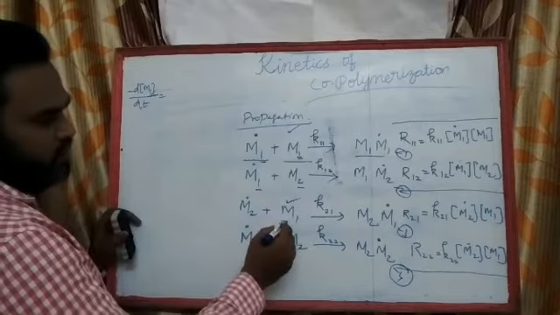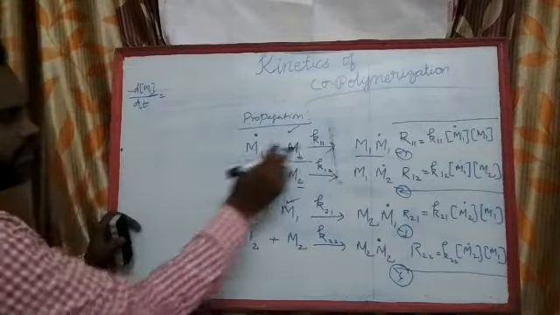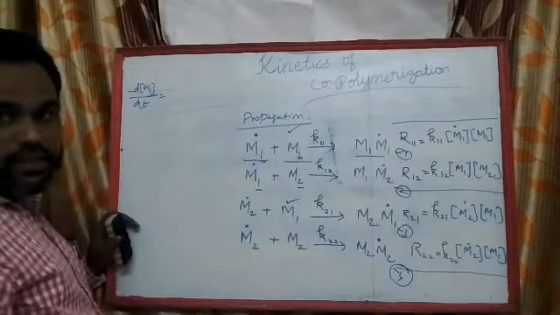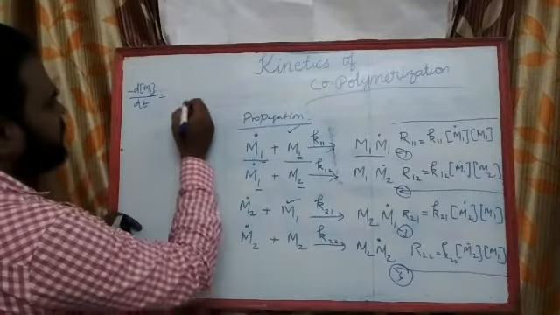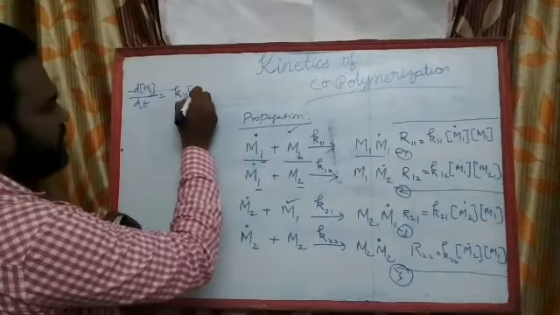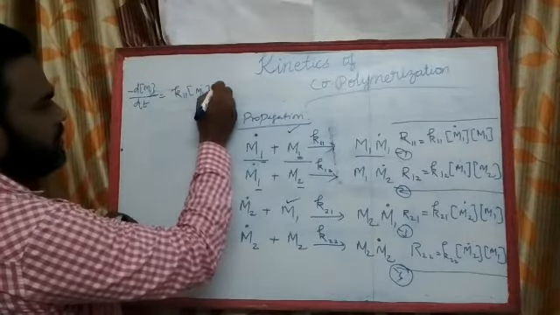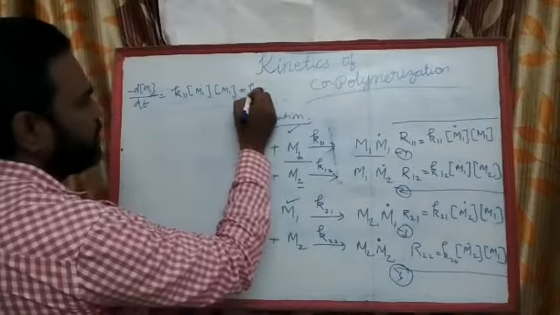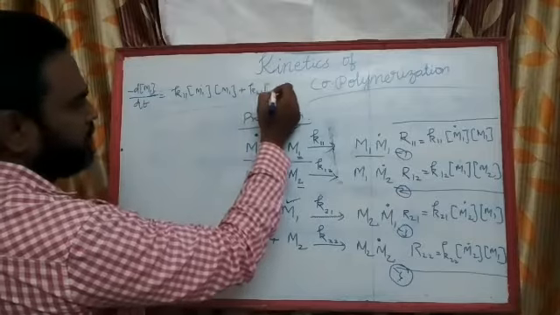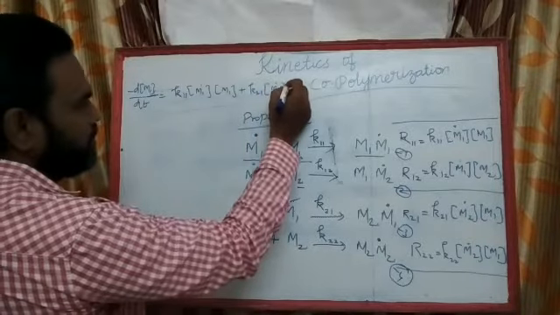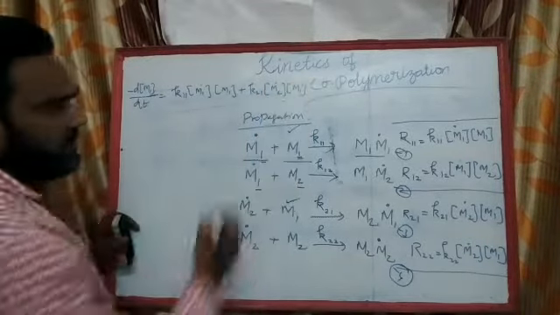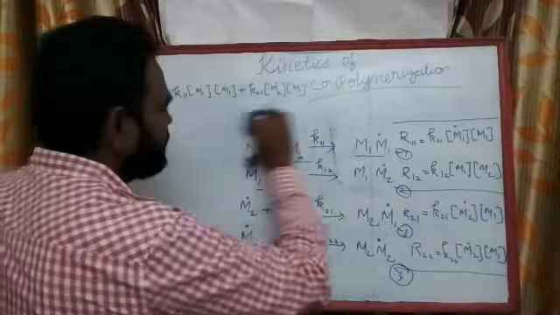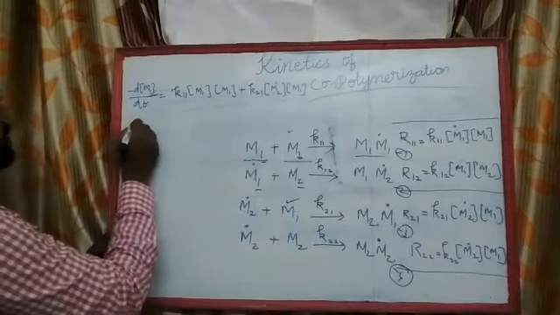So I have to add the rate of step 1 and step 3. So this is K11 concentration of M1 dot M1 plus K21 concentration of M2 dot M1. So clear?